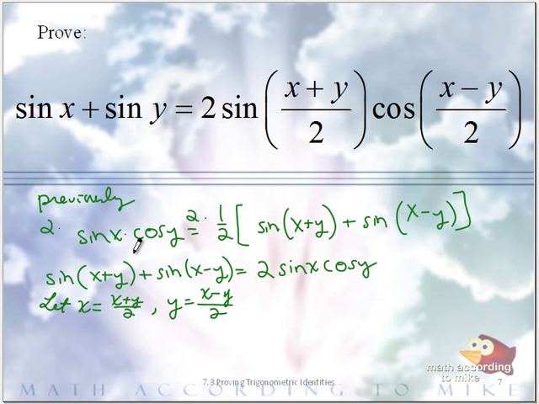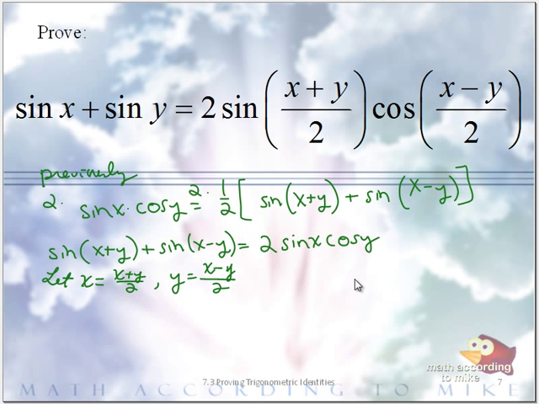An identity is true for any replacement of the variable. So I'm going to make all my x's x plus y over 2. I'm going to make all my y's x minus y over 2. Why? Because I can. So again, all the x's become x plus y over 2, all the y's become x minus y over 2.